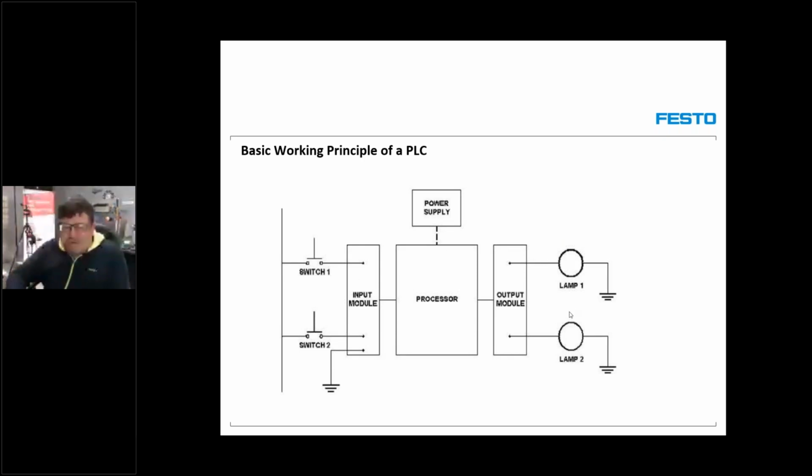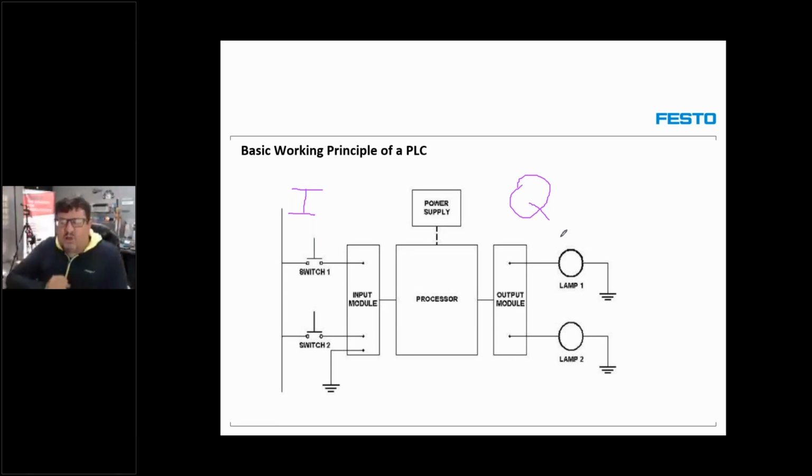Now, it's important to understand that switch number 1 and switch number 2 need what we refer to as a physical address. To help you understand this a little bit, this switch needs an address, and we call that an I for inputs, and then for the outputs, we're using a Q. Now, a lot of people ask me, Davy, why do they use a Q, not an O?